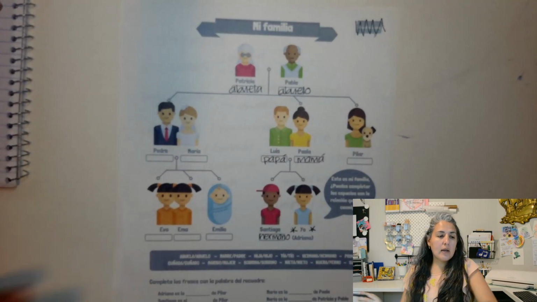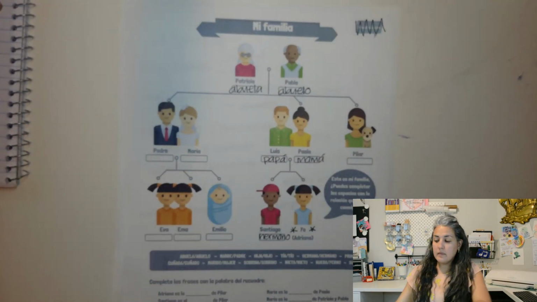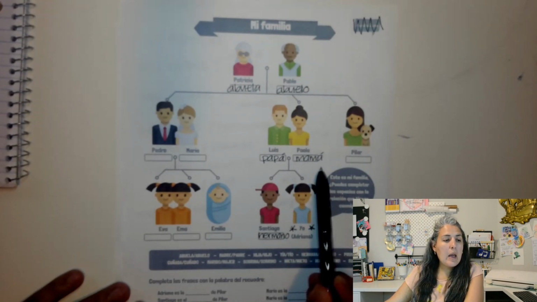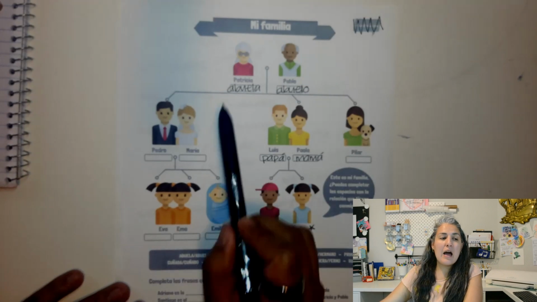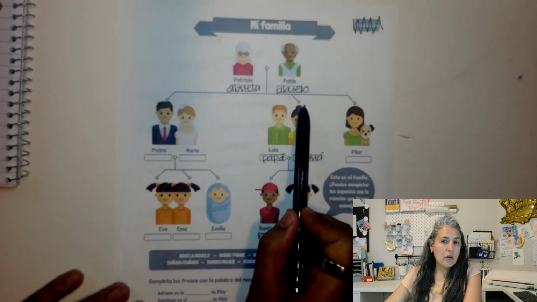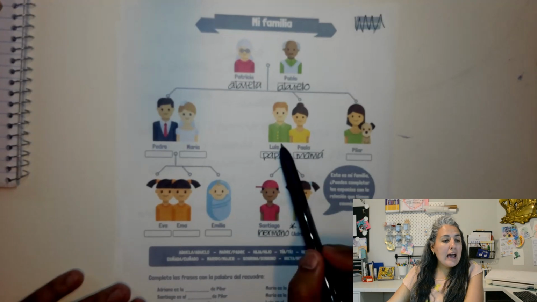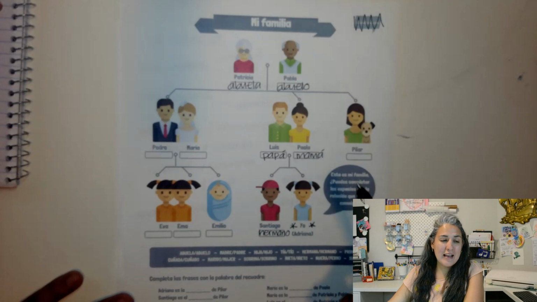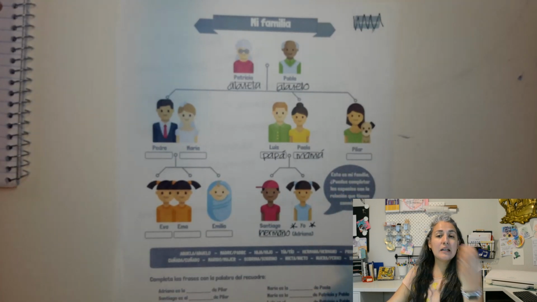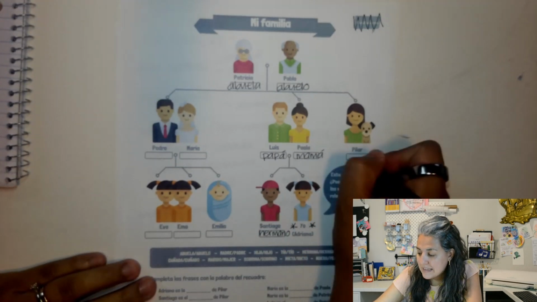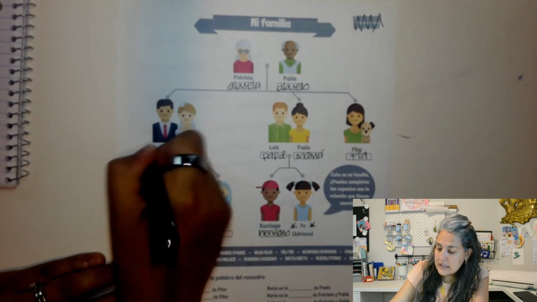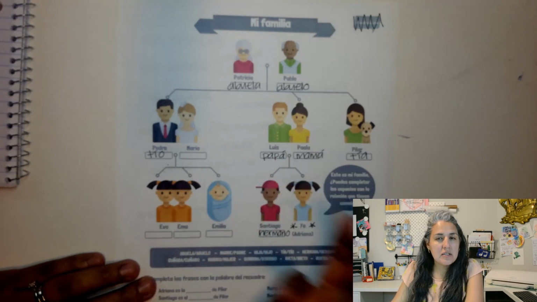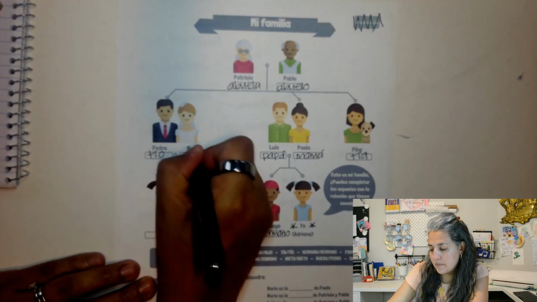So let's just do a quick review. Yo, mi hermano, mamá, papá, abuela, abuelo. So I have siblings. I'm sorry, my mom has siblings. So those are my uncles, my aunt, my uncle. So tía, tío. And because my tío Pedro married Maria, she's my tía now, my aunt.